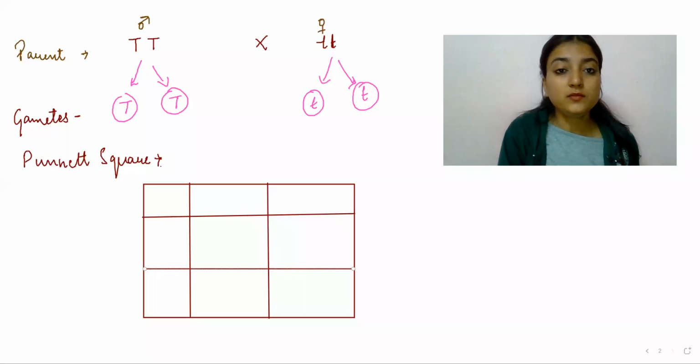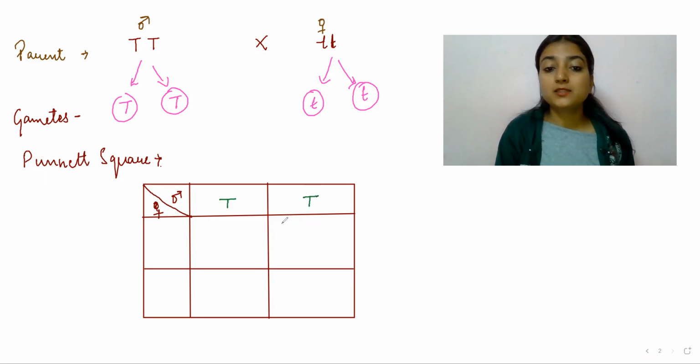Now we will write male here and female here, and write the gametes over here: capital T, small t, small t. Fine. Now this is the F1 generation.